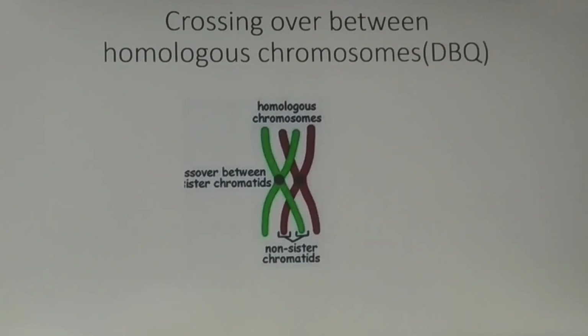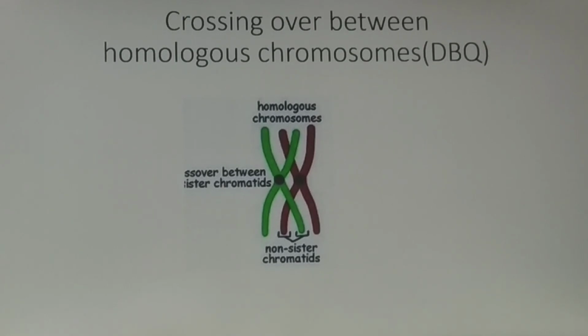Now this is again asked as a diagram based question. The figure will be given and the labelings won't be there in the figure. You will be asked to identify the figure. So what is the process that is taking place? It is the crossing over taking place between the non-sister chromatids of the homologous chromosomes, and they may ask for labeling.